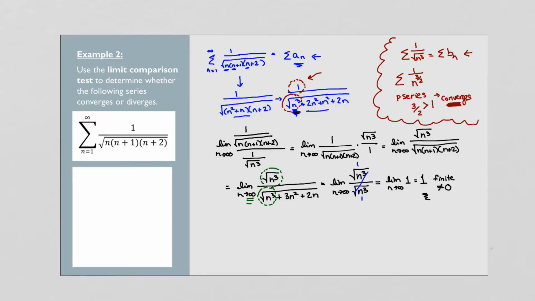So let me summarize what we discovered. Let the series b sub n equal the series 1 over n to the 3/2 power, or 1 over the square root of n cubed. This is a p series that converges.